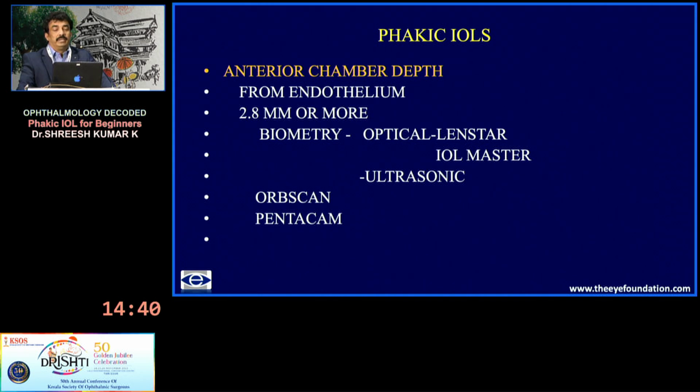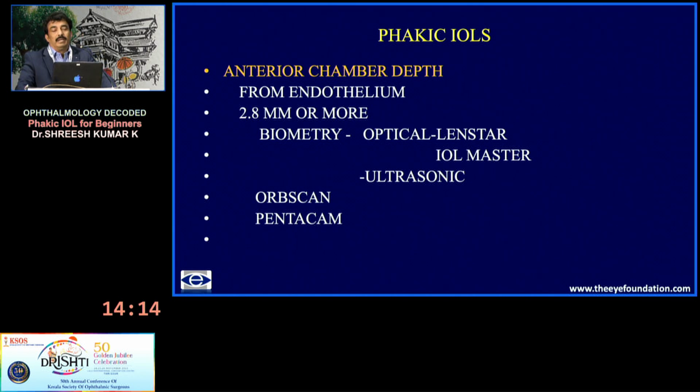And we need internal anterior chamber depth, that is for customization of these phakic lenses. If the ACD is taken from a scan which measures external anterior chamber depth, we have to deduct the pachymetry from the whole value. Some equipment like Pentacam gives internal anterior chamber depth.